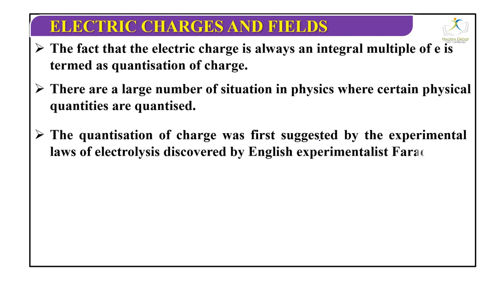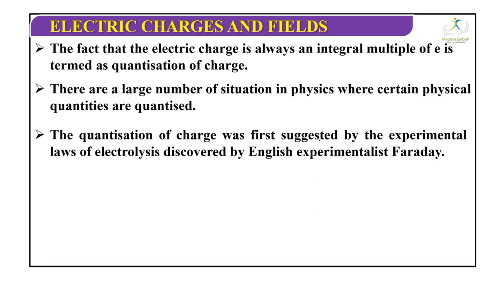If you're asking what else is quantized, we have another term, parity. In quantum mechanics, we have the term parity, which is also quantized. In quantum mechanics, each and every thing is quantized. The next thing: the quantization of charge was first suggested by the experimental laws of the English experimentalist Faraday.